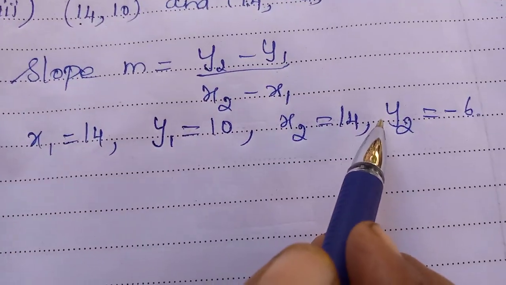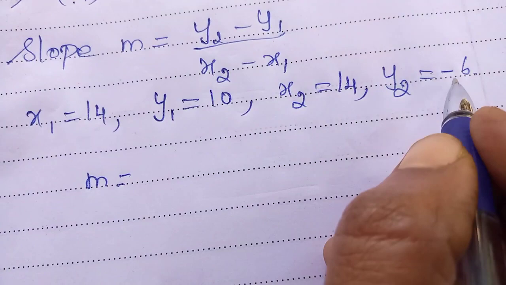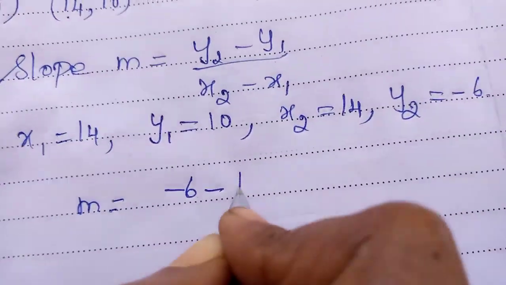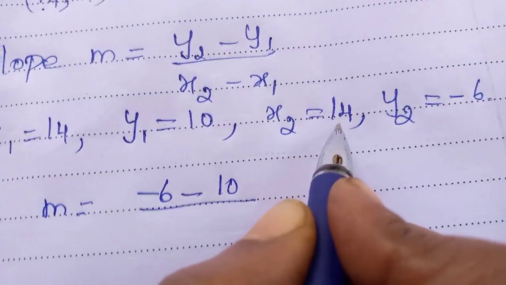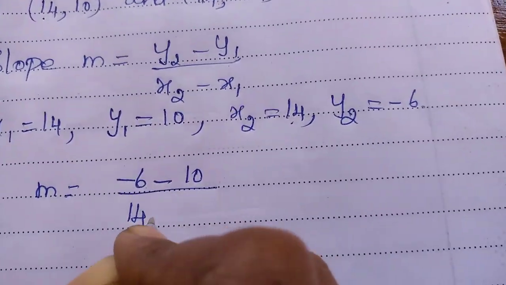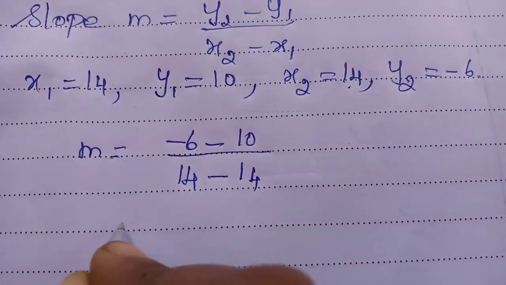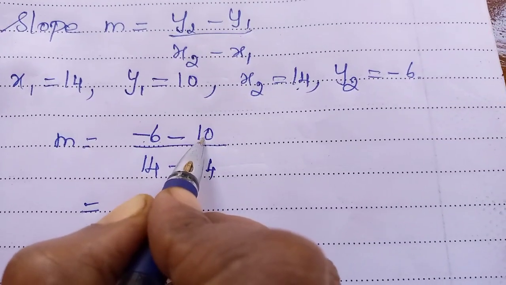Shall we substitute? m is equal to y2, that is minus 6, minus y1, which is 10, divided by x2. What is the value of x2? 14 minus x1, also 14, which is equal to minus 6 minus 10.